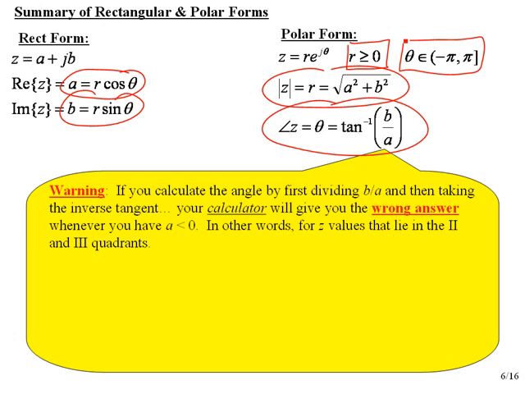Now, here's a warning. Let's say I give you z is equal to minus 3 plus j4, and you put it into this form to compute theta. The first thing you're going to do is say, okay, b is 4, a is minus 3, and now I'm going to take the inverse tangent of minus 4/3.